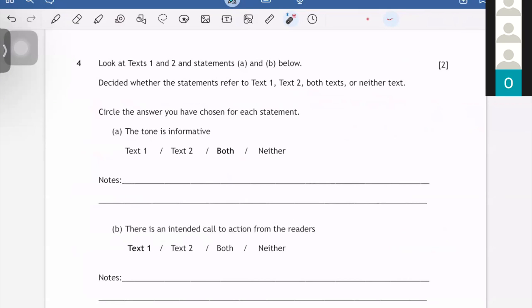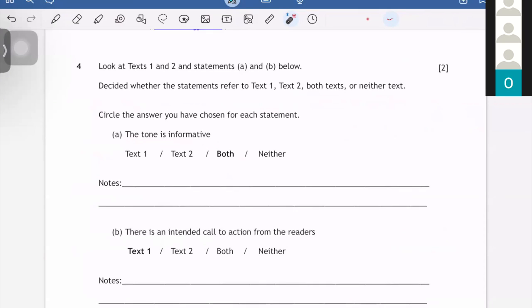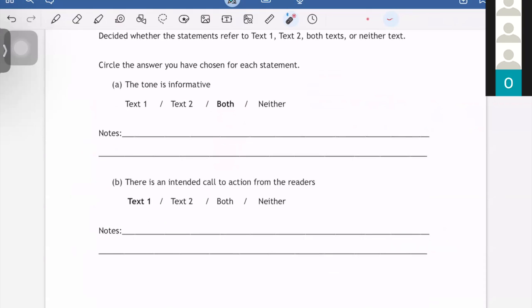Question 4. A, the tone is informative. Here, I said both because text 1 does tell you about the rise of awareness of the growing threat of cyber attacks. Text 2 also is talking about the solutions, giving you solutions to defend yourself. That's why it's both. There is an intended call to action from the readers.